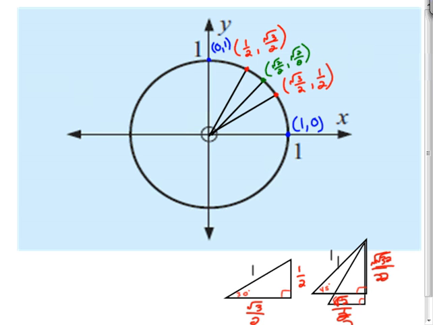Now, when we start looking at these, I can type in the sine of 30 degrees. So in my calculator, I hit sine, you know where sine is, 30 degrees. Sine of 30 degrees is half. Type in cosine of 30 degrees.